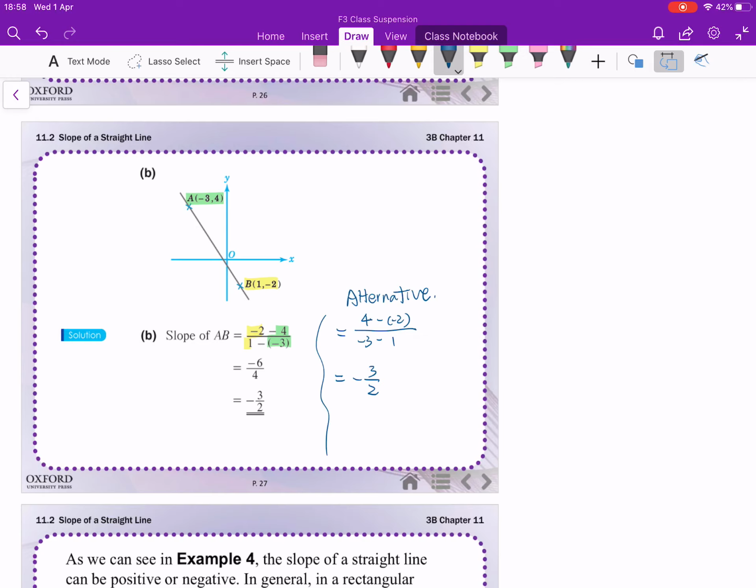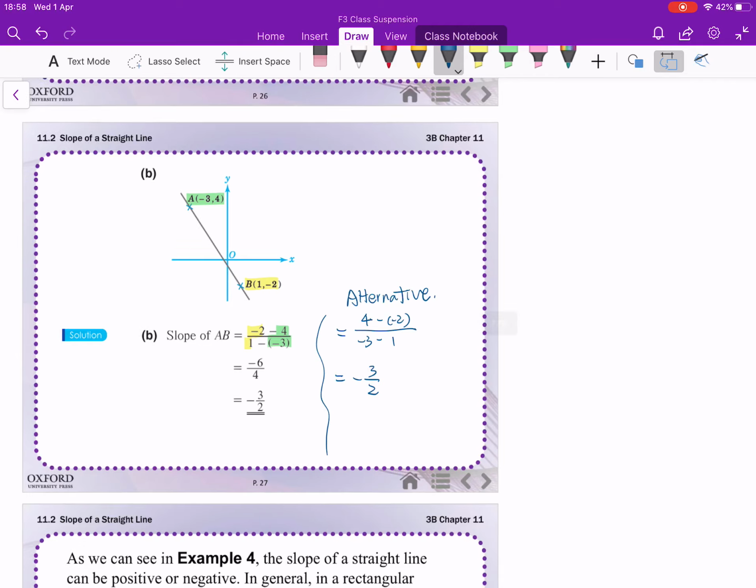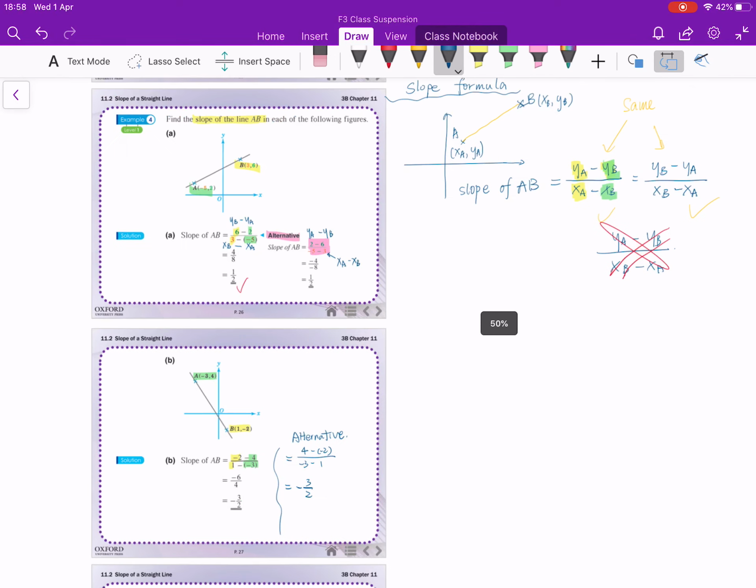Just follow the same order in both numerator and denominator. So this is a simple calculation of slope.